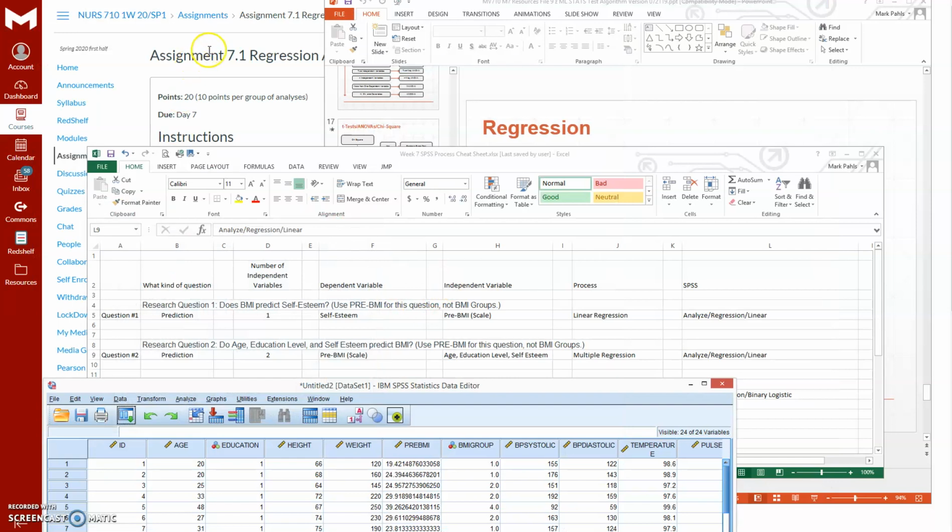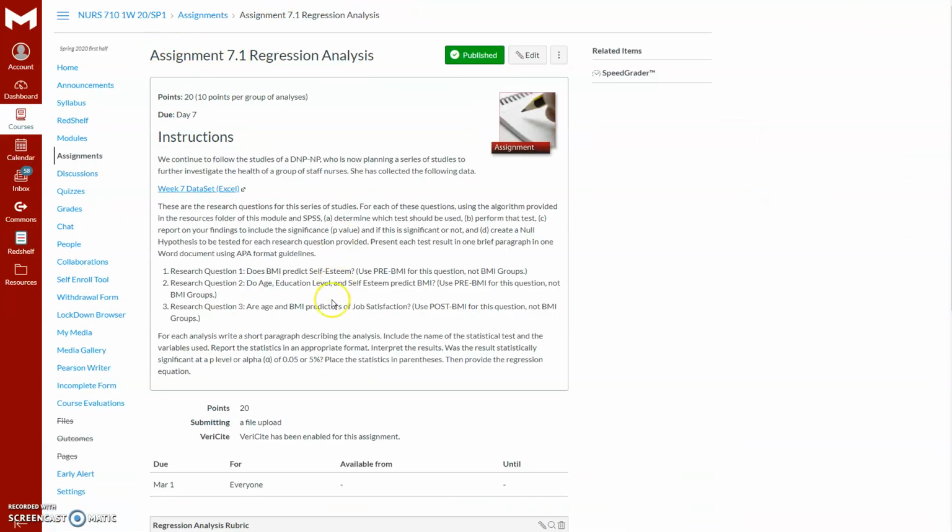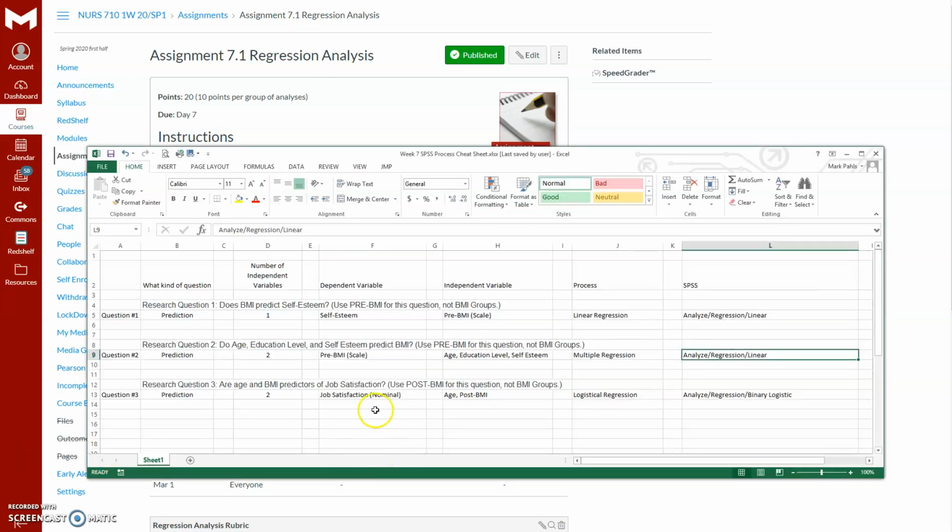On the last one, are age and BMI predictors of job satisfaction? What's key here is our dependent variable is nominal. We've got a nominal dependent variable and multiple independent variables. But since this is nominal, we're going to use logistic regression.